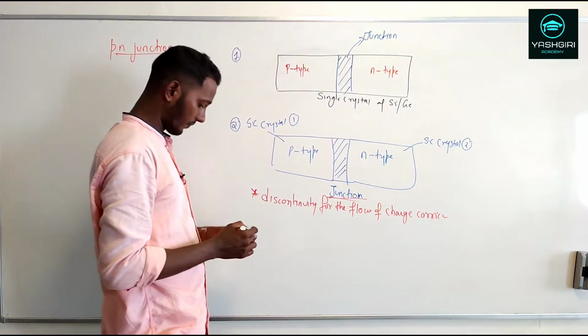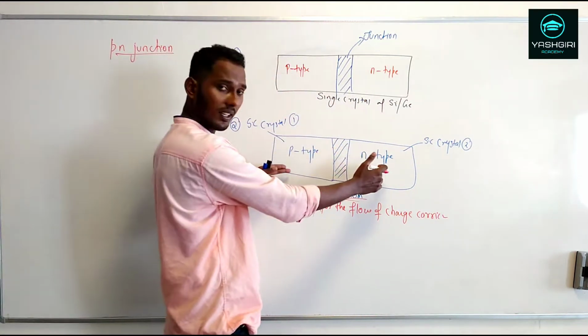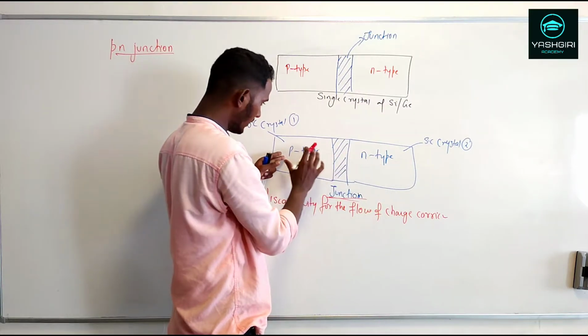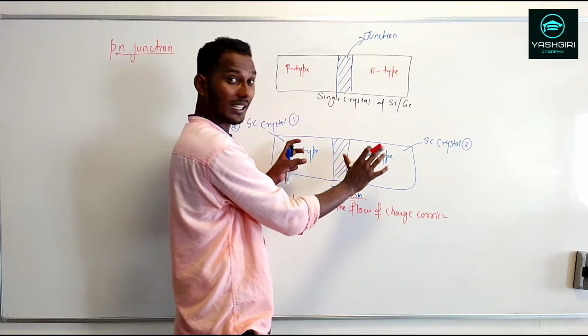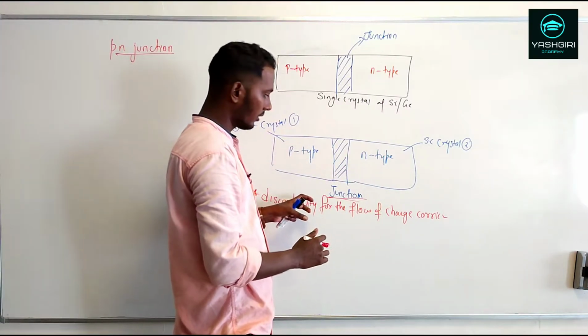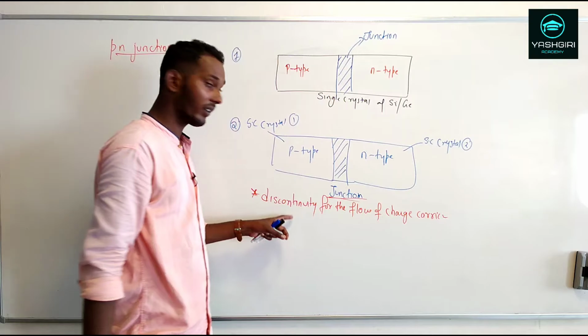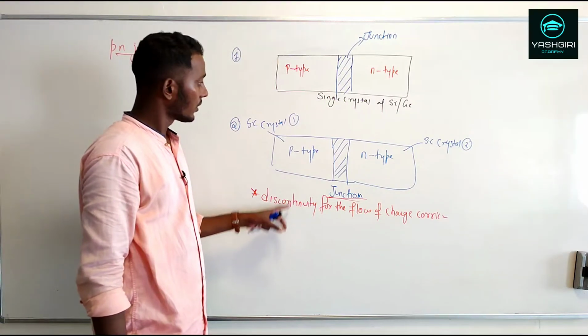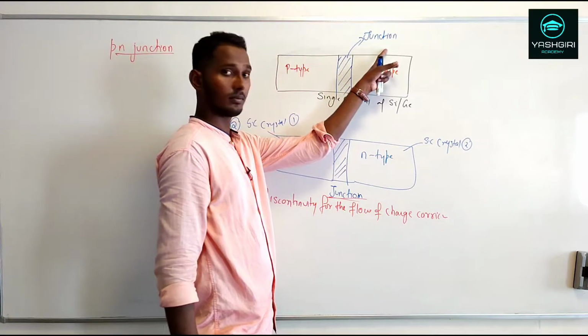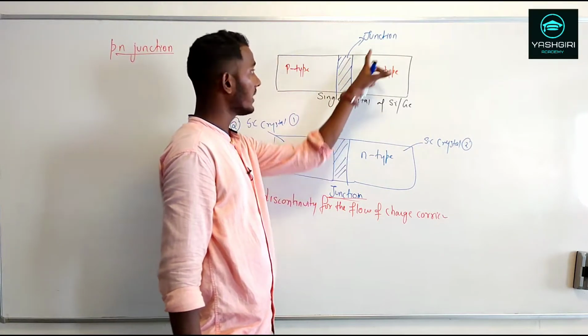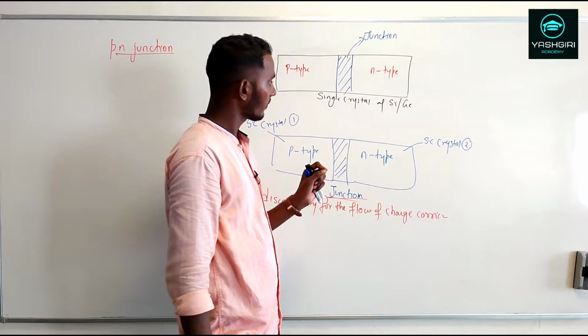The reason is that when you see this at the atomic level, these two different types of semiconductor will not show a continuity at the atomic level. Thereby the junction is going to offer a discontinuity. So it's very important that the junction formed in the p-n junction is grown on a single crystal.